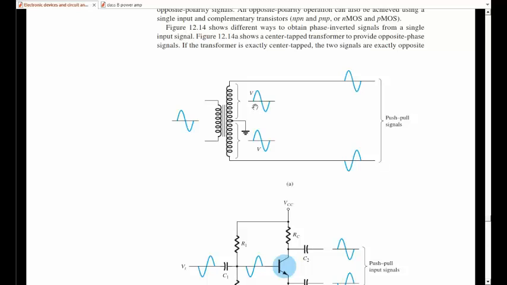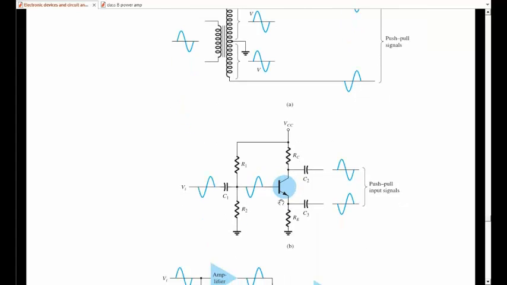One method is to use a center tap transformer, in which you apply the input signal, and at the secondary of the transformer you get two signals which are out of phase by 180 degrees. Or you can use a transistor to split the signals. If you feed this input, then at the collector and emitter you get two out of phase signals.